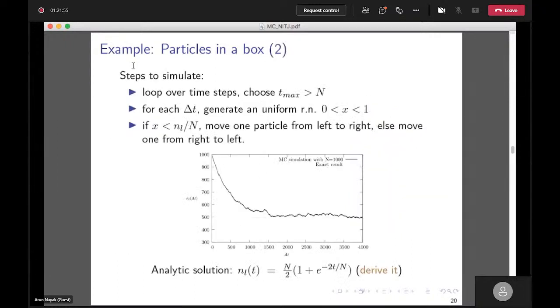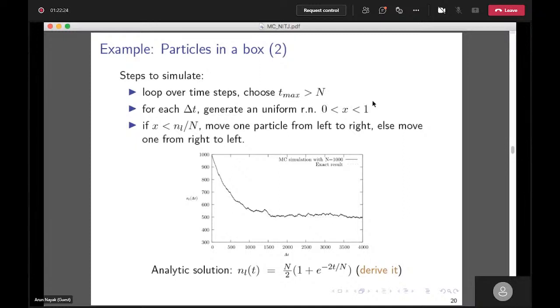Now, to simulate such a system, we can use a simple algorithm. We loop over these time steps, choosing t max much greater than n. For each time step, generate a uniform random number x between 0 and 1.